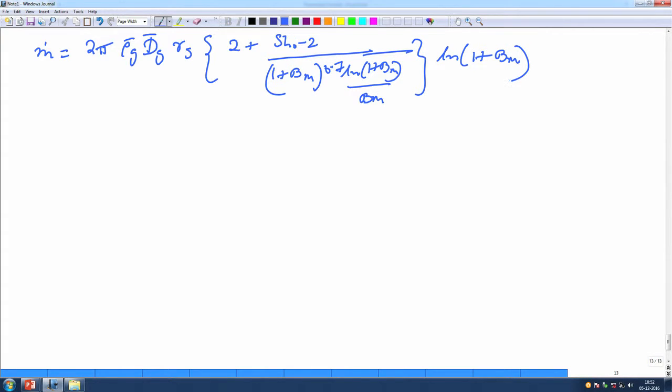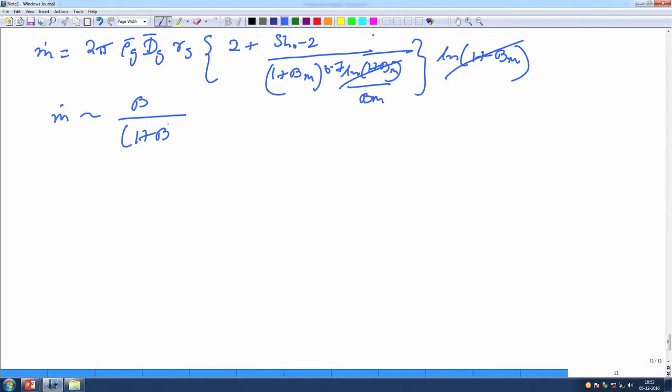If you look at this now, this and this get cancelled. So your m dot basically scales as some B divided by 1 plus B.